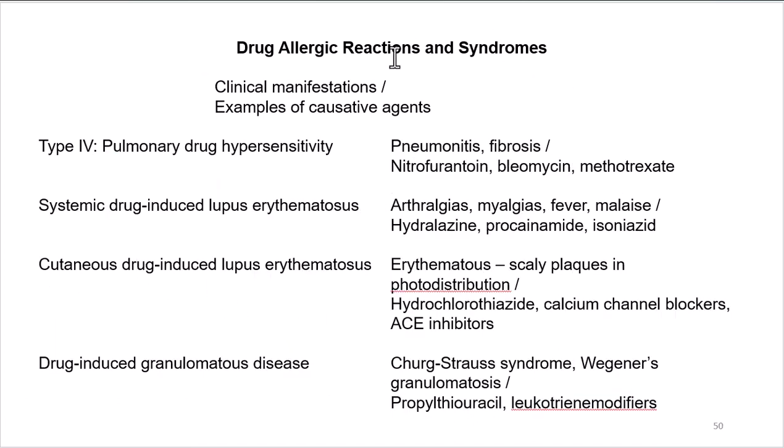And we see different allergic reactions and symptoms, where, so for pulmonary drugs, bleomycin, methotrexate, these are anti-cancer drugs, procainamide, isoniazid. These are, again, used to treat some bacterial infections. You're going to have ACE inhibitors, calcium channel blockers.